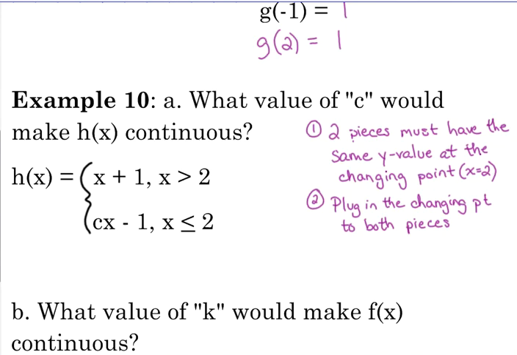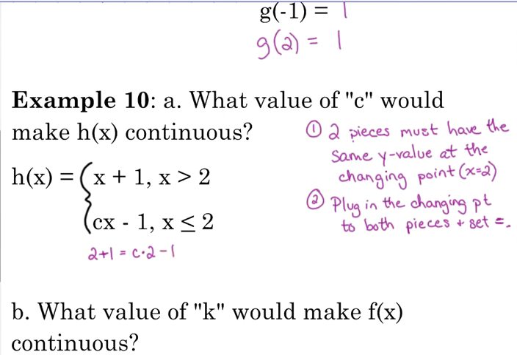So we're going to plug in the changing point to both pieces and set equal. So let's do this. The changing point is x equals 2. So we plug in 2 for our x in the first piece. That would give us 2 plus 1. We plug in x in our second piece. So we've got c times 2 minus 1.